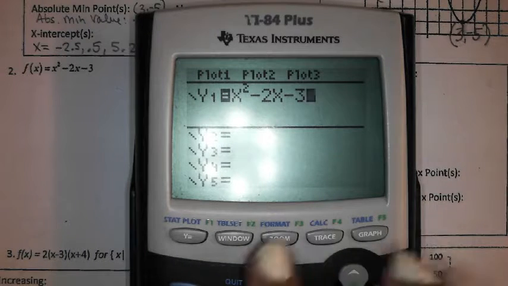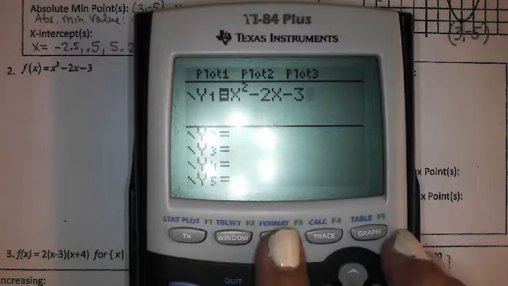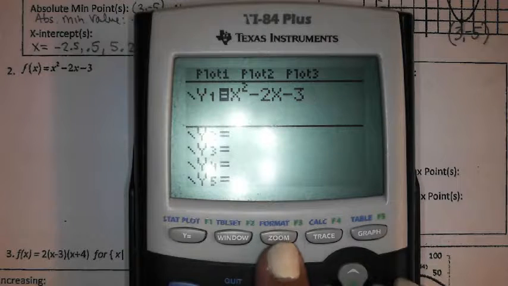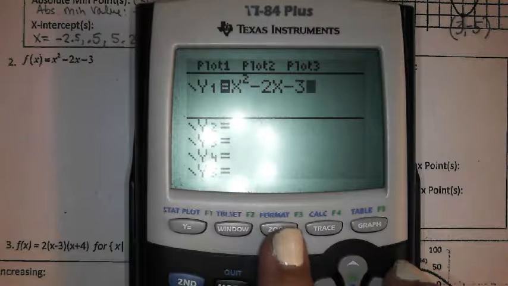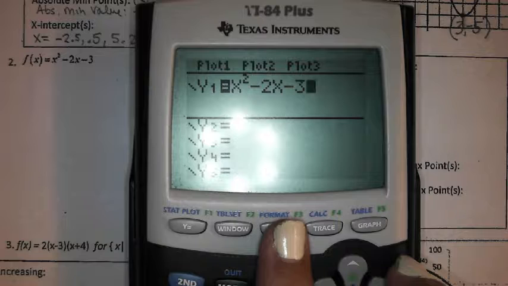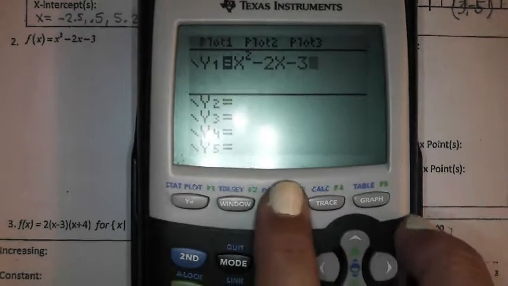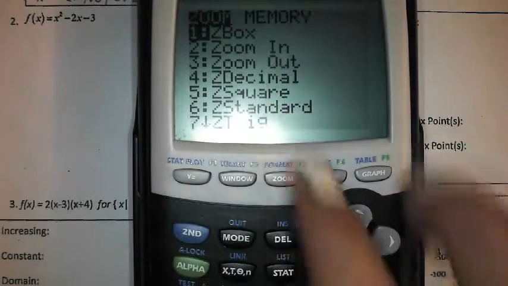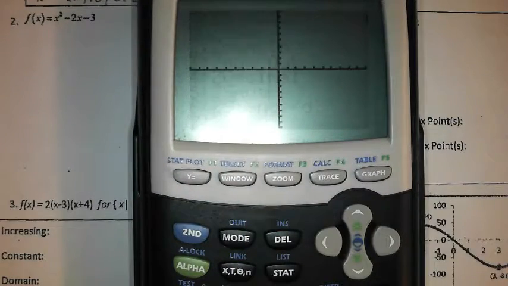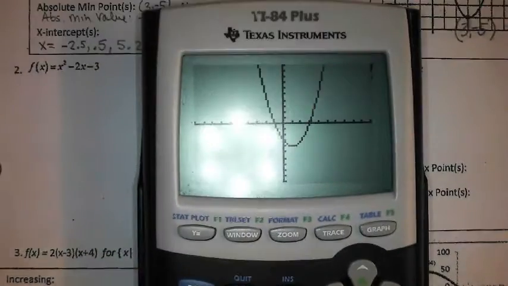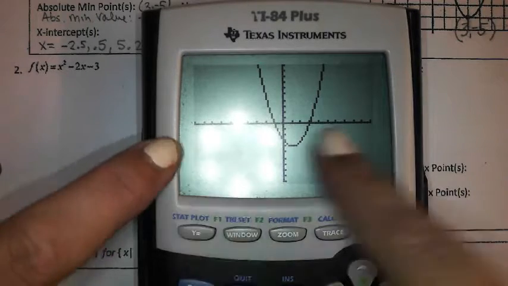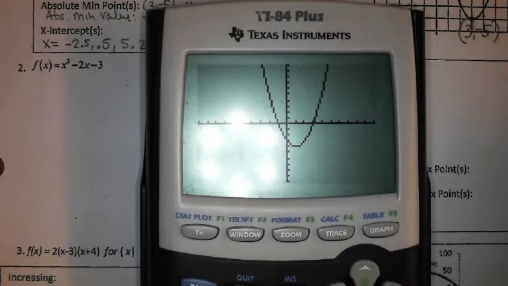And I don't know where all of your windows left off, but are we all familiar with Zoom 6 by chance? If everyone hits Zoom and then looks at option 6 that says standard and just hits the number 6, it will bring everybody's graph back to negative 10 to 10 and negative 10 to 10. And if we need to adjust the window from there, we can. Okay? Are we good here?